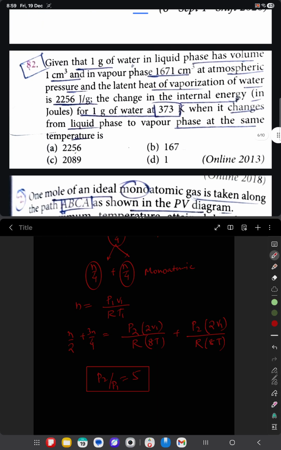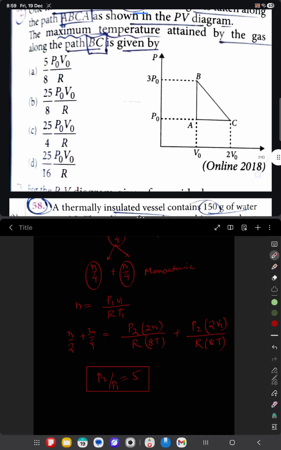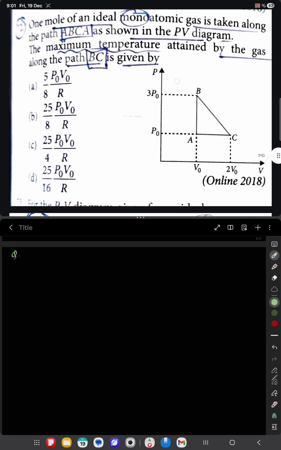Now in the next question, you have given 1 mole of an ideal monoatomic gas. The maximum temperature attained by the gas along the path. This is a PV graph given. So in this graph, if you draw some isotherm, this isotherm will be shaped like this.